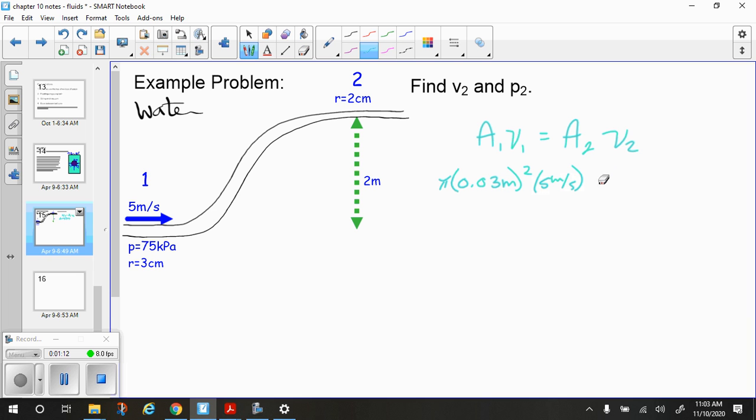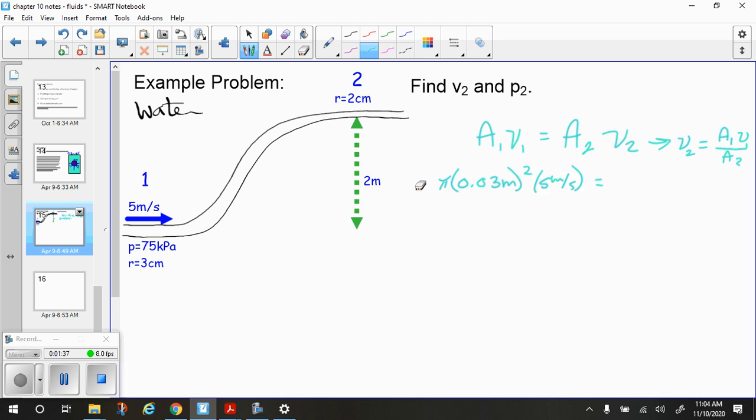And then that is equal to, look at me, I'm breaking my own rule here. I didn't isolate my unknown variable. So I know both areas and I know the velocity at 1. To find the velocity at 2, I need to isolate the velocity at point 2. So V2 is equal to A1 V1 over A2.